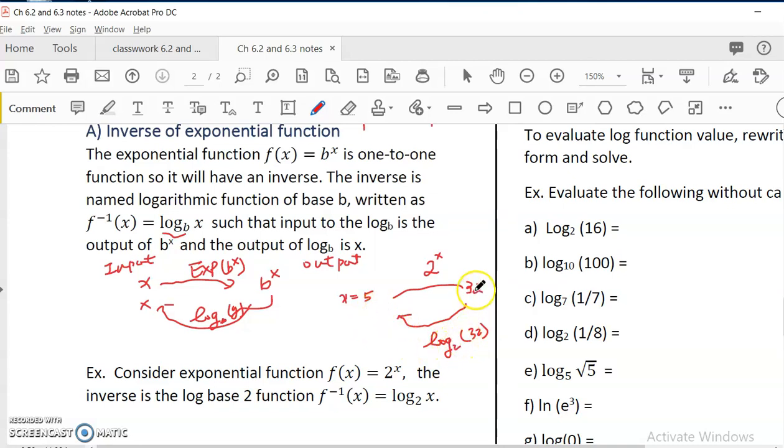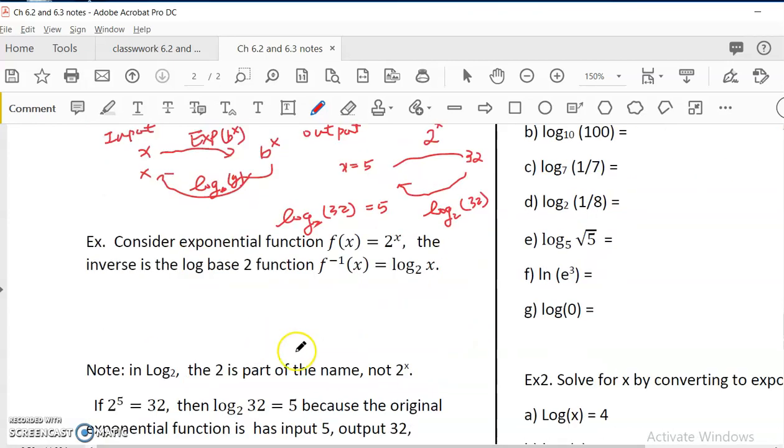Log base 2 of 32, the answer of the exponent, gives me 5. So the input is 32 and the answer is 5. That's how you understand the log function: it reverses your exponent by extracting just the exponent with the base you specify.